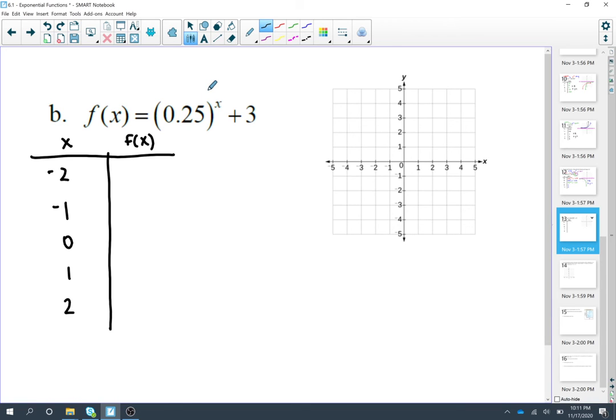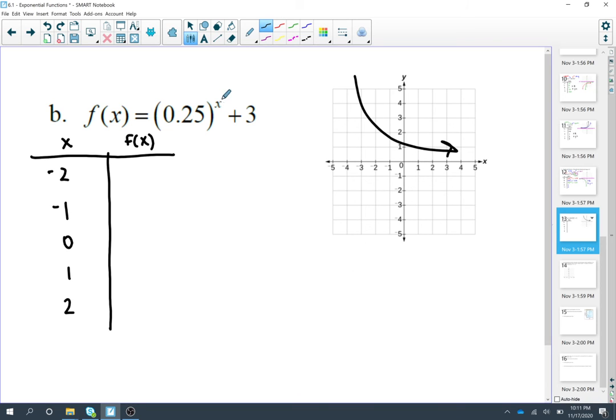So this is probably the one that goes more like down. So if I'm guessing, it's going down. Then my a value out here is positive, so it's not going to reflect over the x-axis. It's going to stay above, so I'm guessing it's kind of up here.